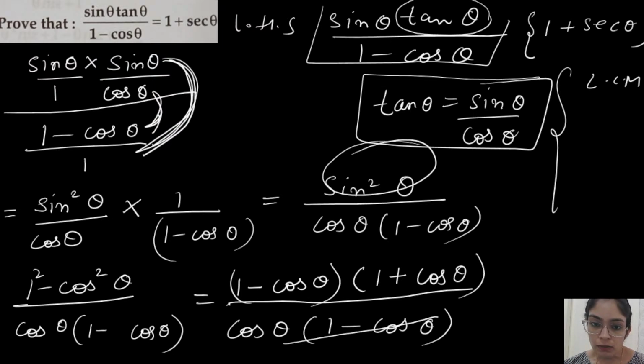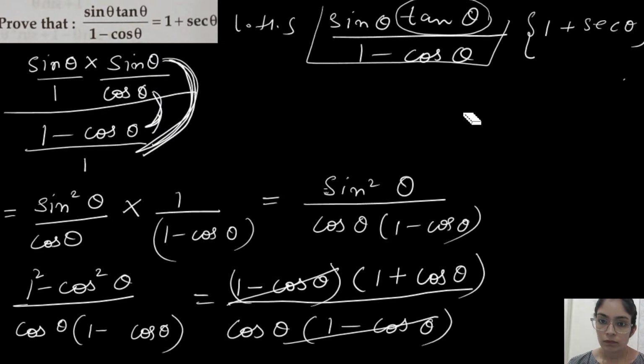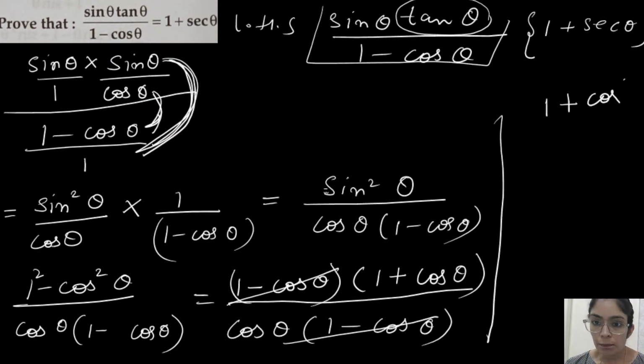See, 1 minus cos theta and 1 minus cos theta will get cancelled. So what are we left with now? Here we are left with 1 plus cos theta by cos theta.